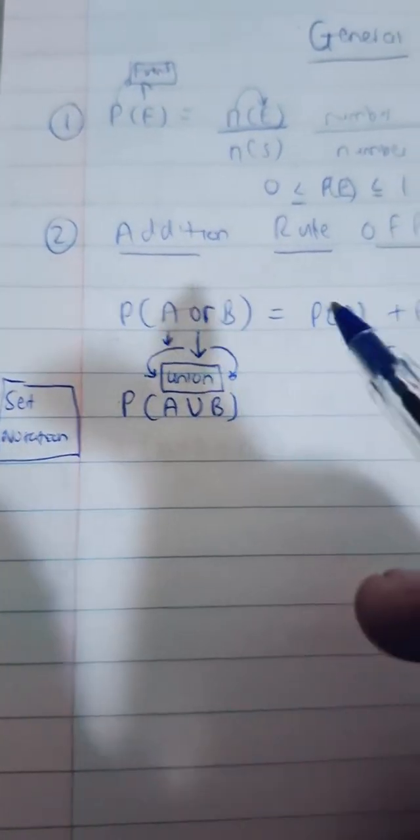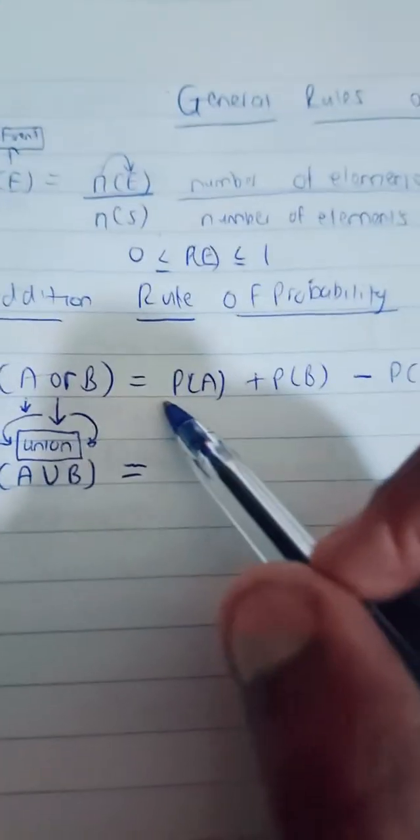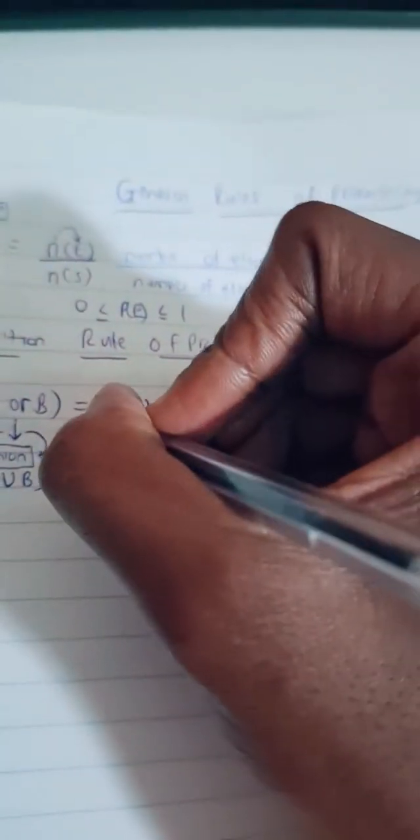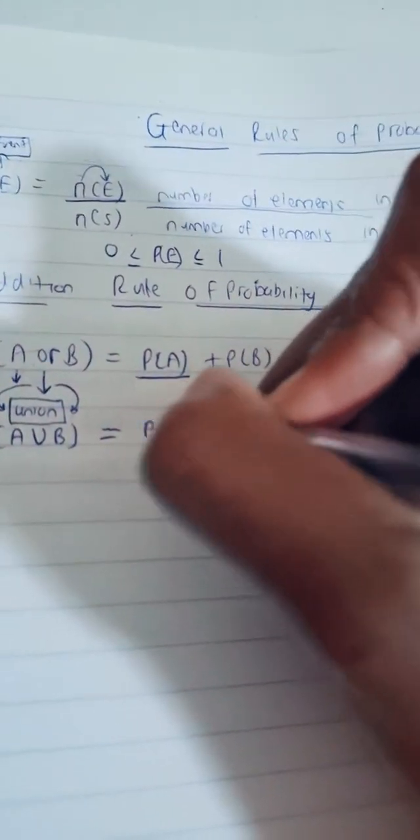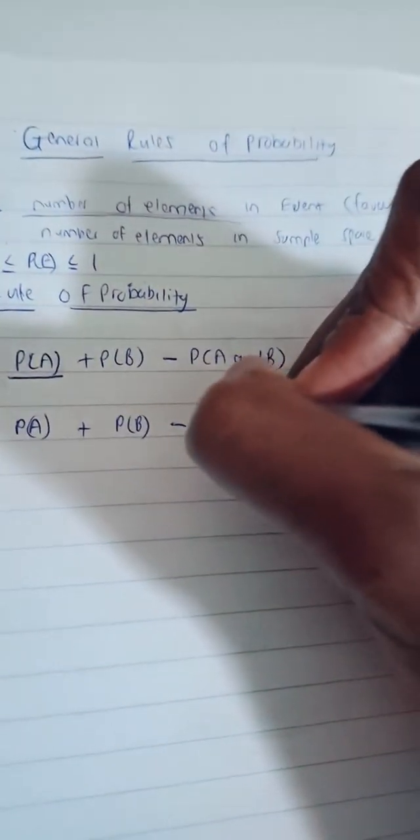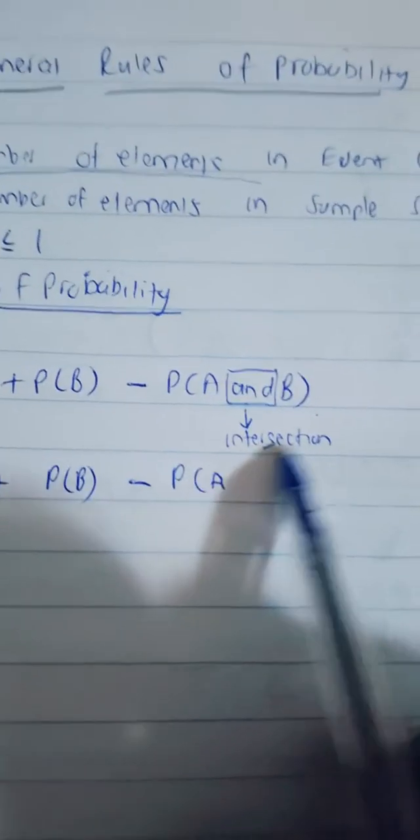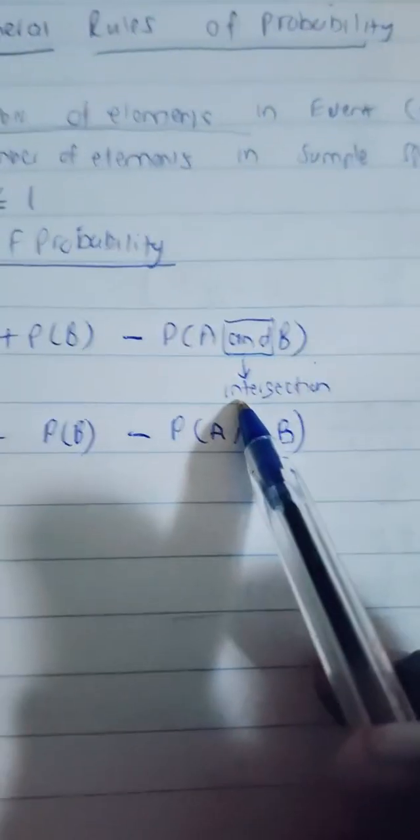Then we say the probability of A or B is equal to the probability of A plus the probability of B minus the probability of A and B. And this and means the intersection, and we use this upside down U to represent and, which means the intersection.